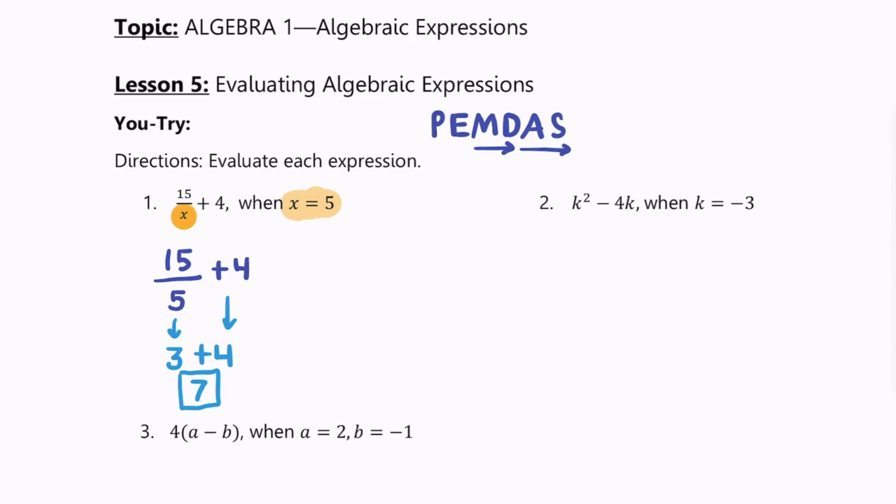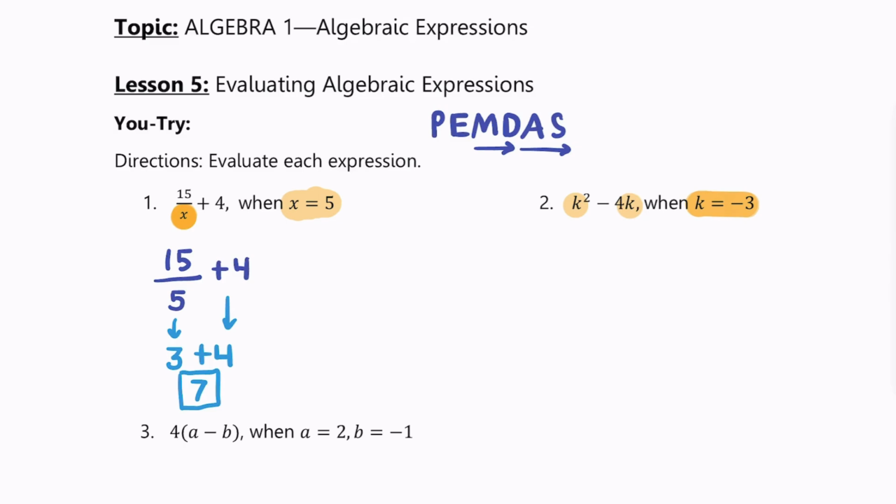Okay. For number 2, they're asking us to evaluate k squared minus 4k when k is equal to negative 3. So wherever we see that variable k in our algebraic expression, we're going to take that k out and substitute in negative 3.